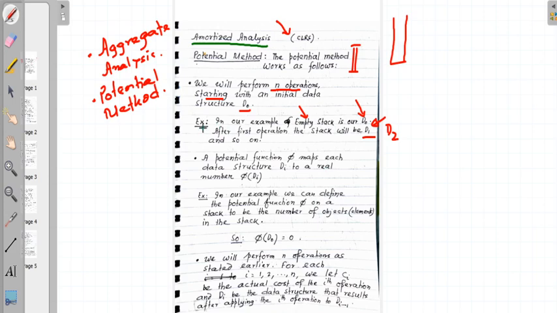Initially we have to build up some theory, and then we will come back to this example to see how we analyze the amortized cost with these stack operations.